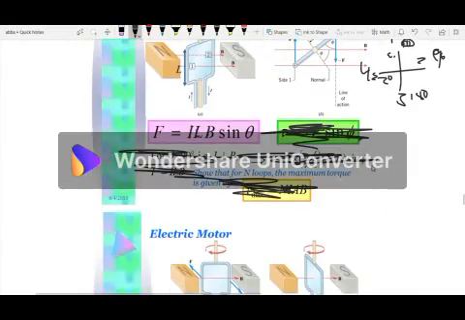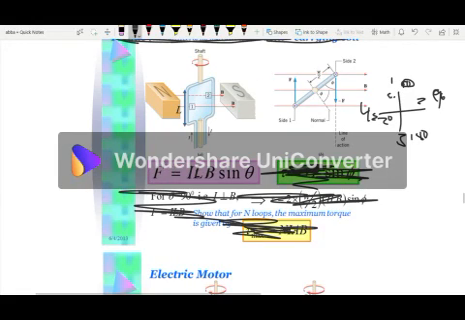So now, according to our DC, we can say that the force is equal to your current multiplied by the length of the loop, then multiplied by your magnetic flux sine of theta.